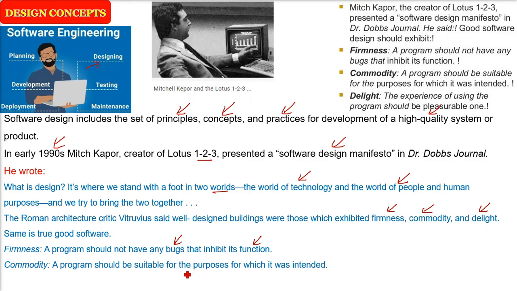It is suitable for the purposes for which it was intended. For example, earplugs are very important and they should serve the purpose for which they are manufactured. So software is a kind of commodity also. Delight is all about experience. You should feel good and want to use it again and again.